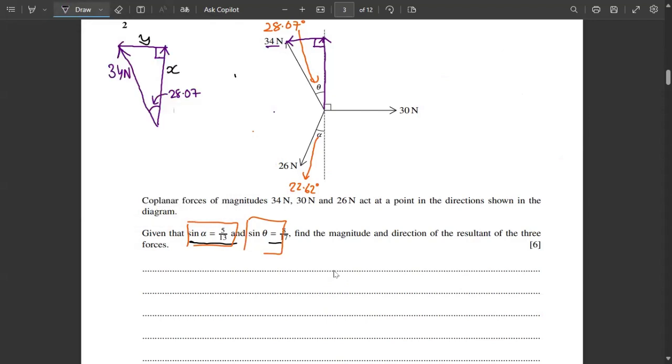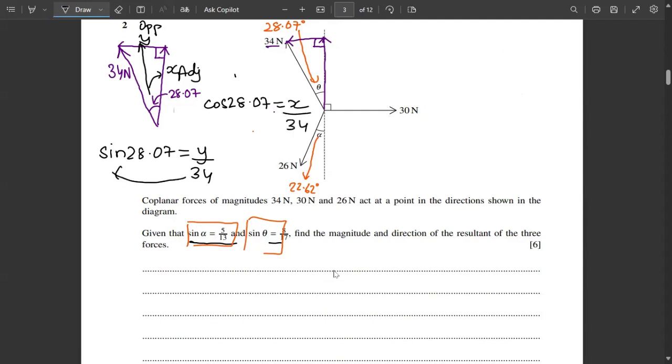So according to trigonometry, this is the opposite side and this is the adjacent side. So I can use sine 28.07 is equal to y upon 34, and I can use cos 28.07 is equal to x upon 34.